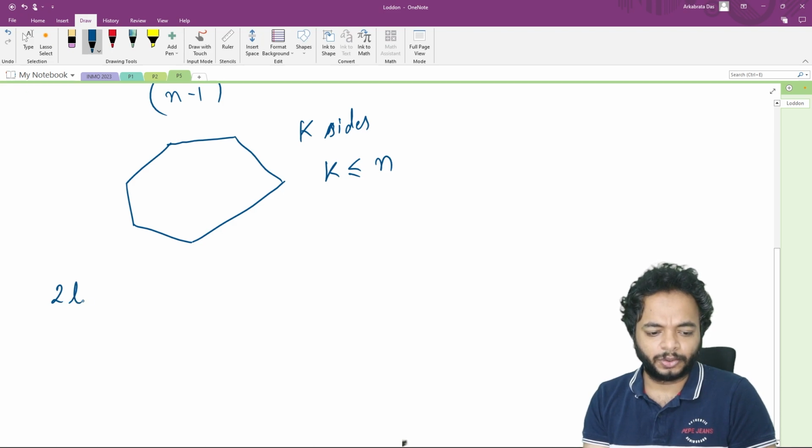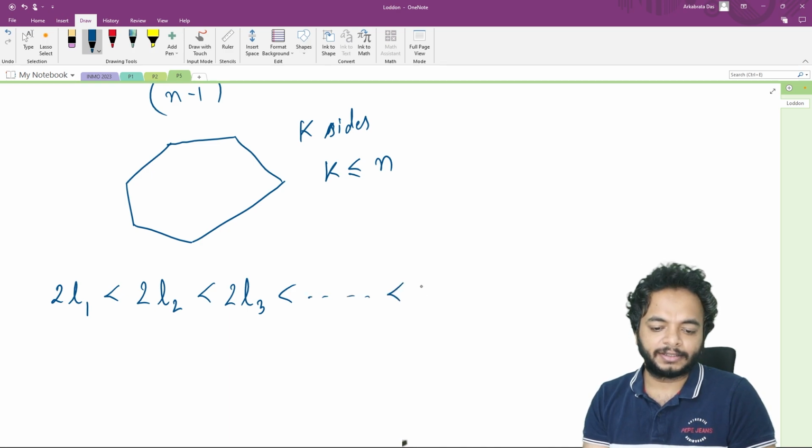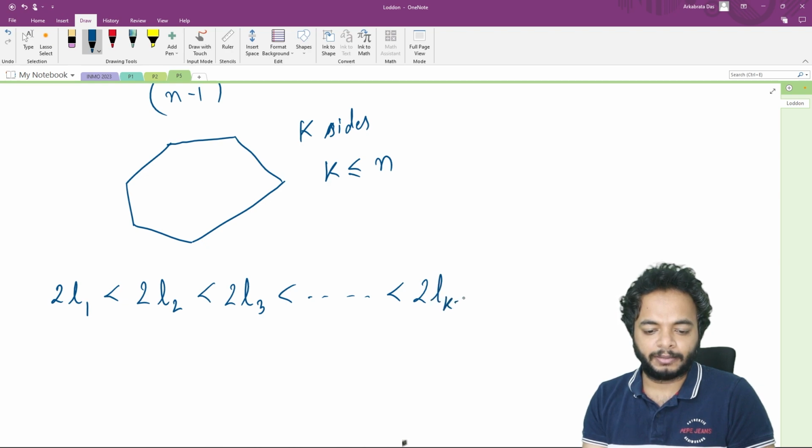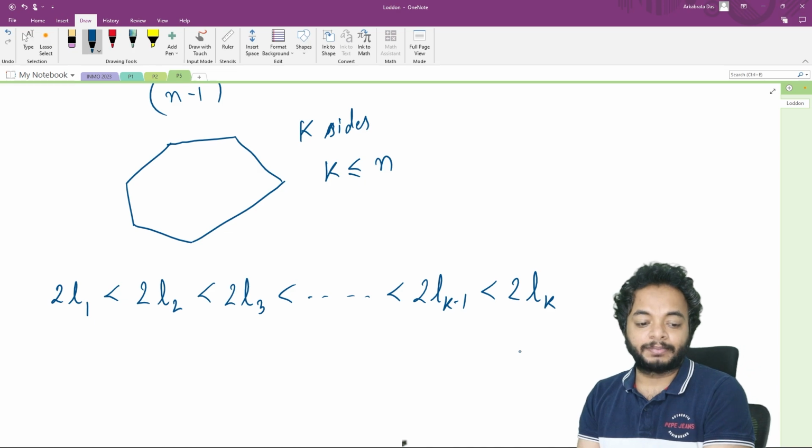So suppose 2L1 is less than 2L2, which is less than 2L3, and so on, up to 2Lk minus 1, which is less than 2Lk. Remember, why strictly less than?